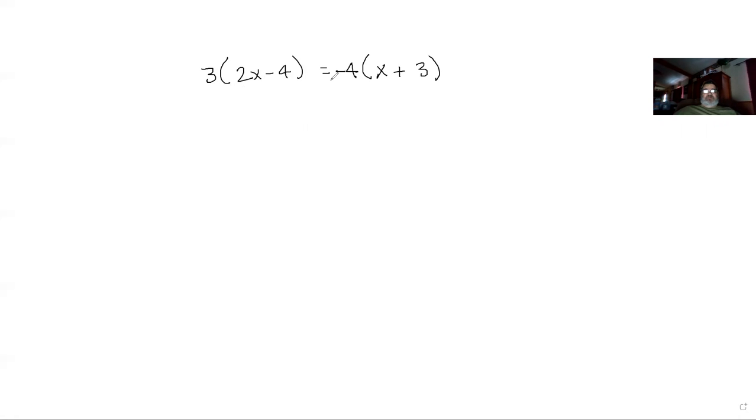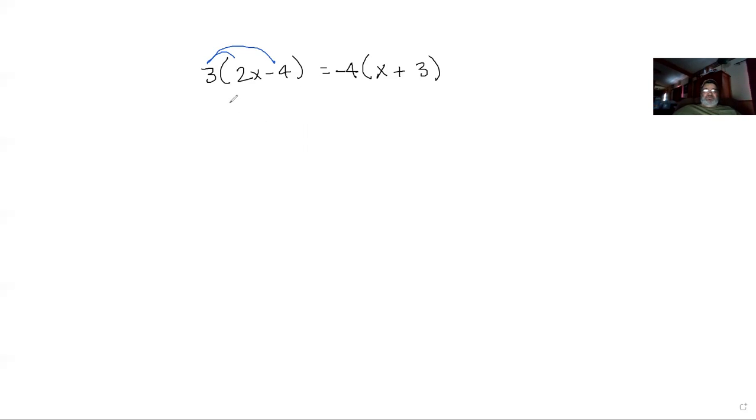First thing we need to do before we start shuffling things around is we have to get rid of these grouping symbols. So the way we do that is we're going to distribute. I'm going to multiply the 3 into both terms inside the grouping symbol.